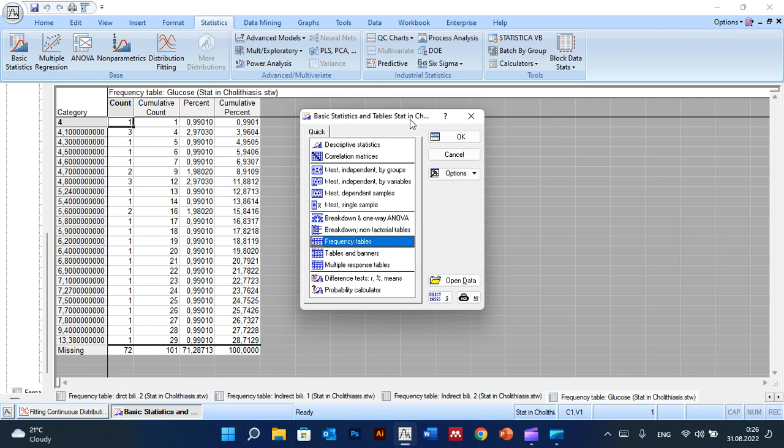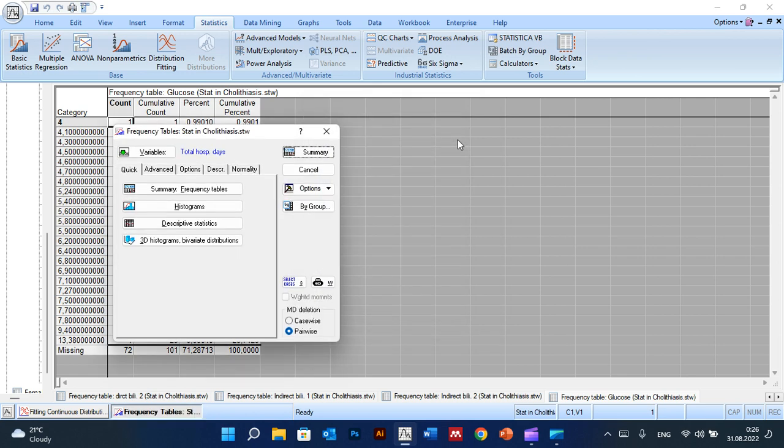We use the frequency table for them. The frequency table is used for describing the materials and methods. I usually use these results in describing the materials and methods.